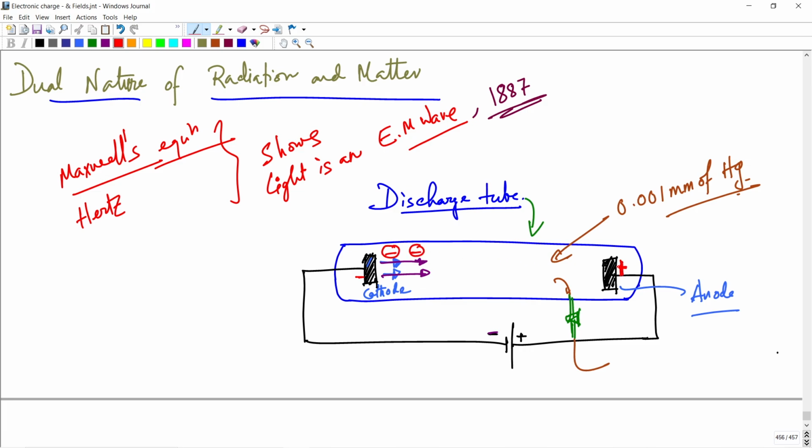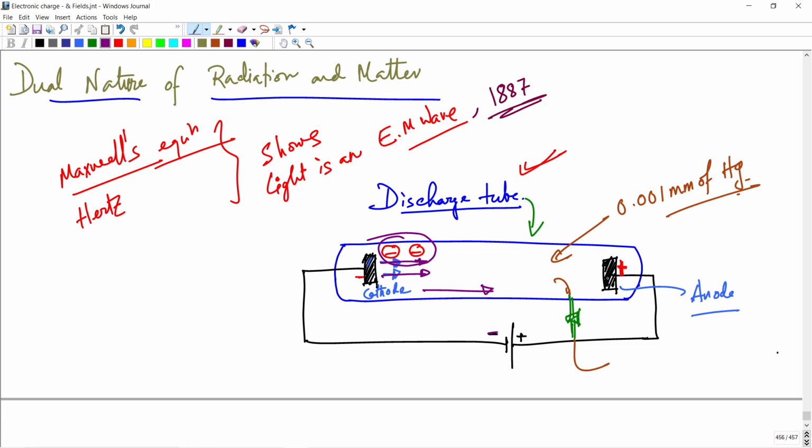Okay, there is a high voltage generator and vacuum pump here, and we get a discharge tube, and we get some flow of charge here. The very important concept here: we get some flow of charge moving from cathode to anode. Clear? That's the discharge tube, and when these charged particles move from negative to positive, we get some current.